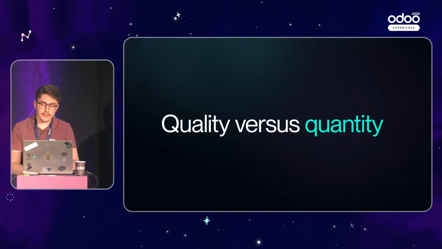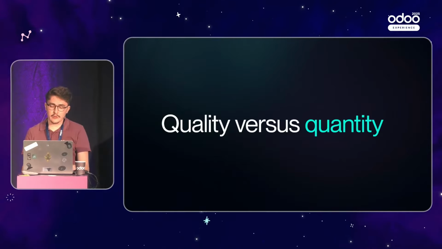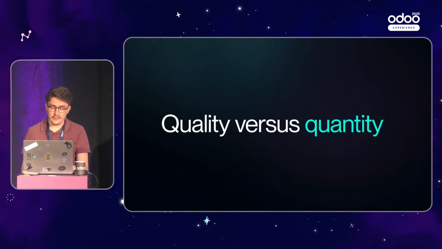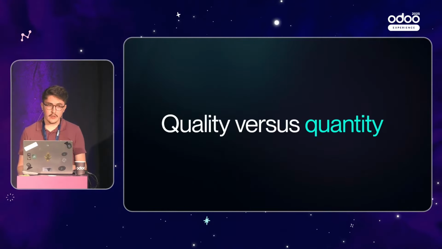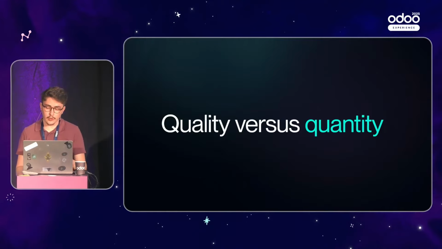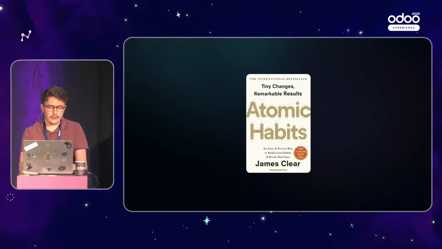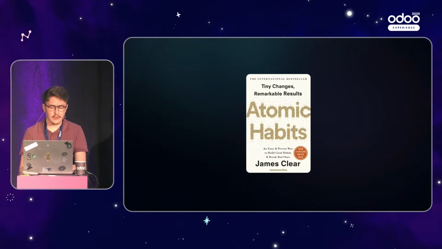I will quickly go over this one, but in the same vibe of move fast and break things, it's this idea of quality versus quantity. So whether you should take your time and ship one perfect project or ship multiple projects with a lower quality. I would like to reuse a story which is in the Atomic Habits book. Quite interesting if you didn't read it.